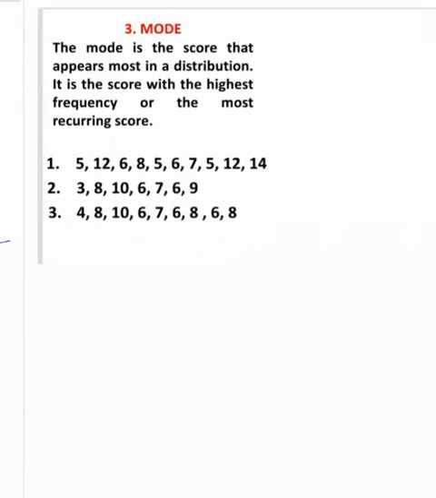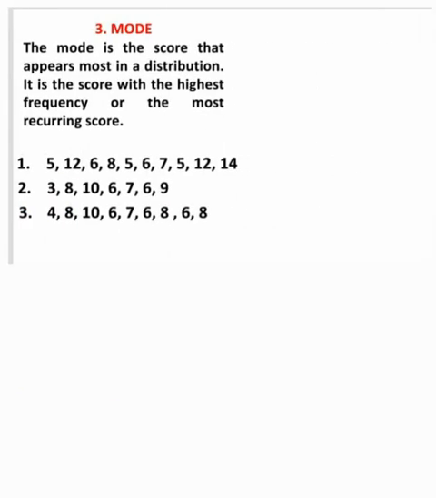Now let's quickly talk about the mode. The mode is the score that appears most in the distribution. It is the score with the highest frequency or the most recurring score. So any score that appears more than the other scores is the mode of that distribution.